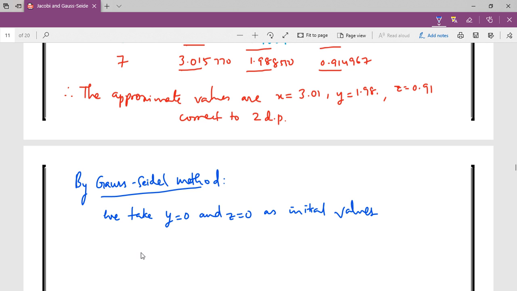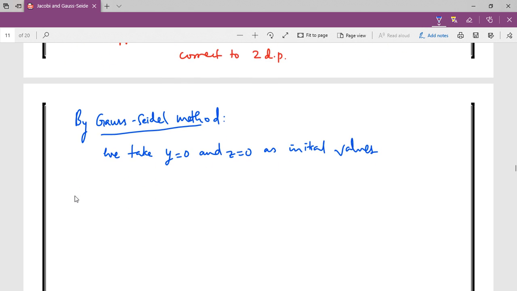After this we immediately go for calculating the first iteration, because we don't need x0 here. Because we are going to calculate x1, we don't need it in the first iteration. So in the first iteration, use these y0 and z0 values in equation 1 only.